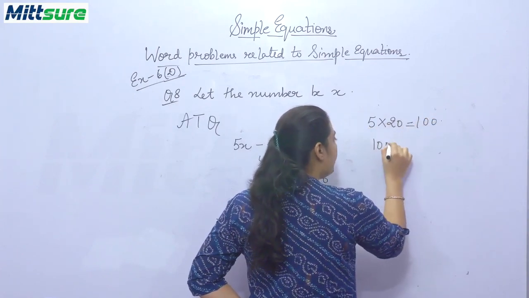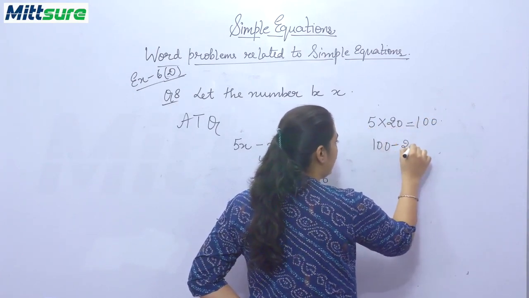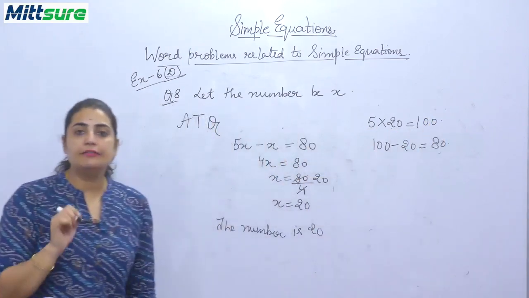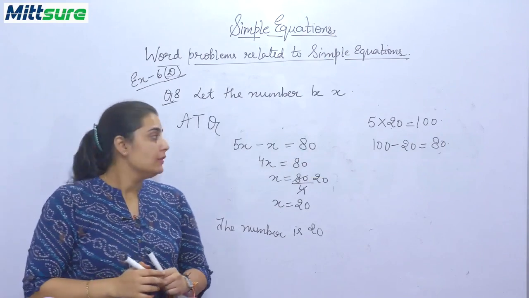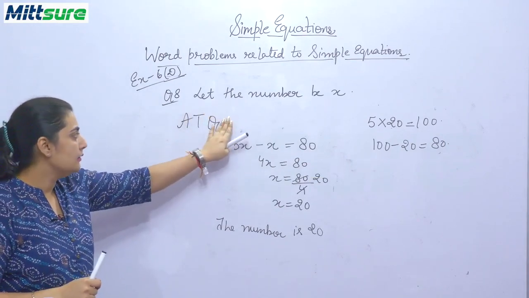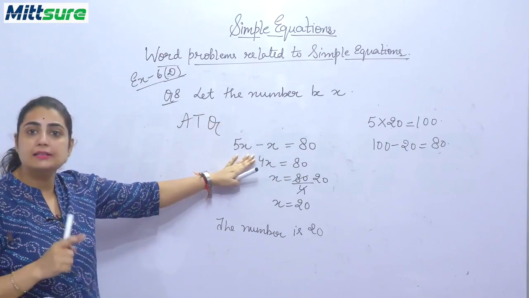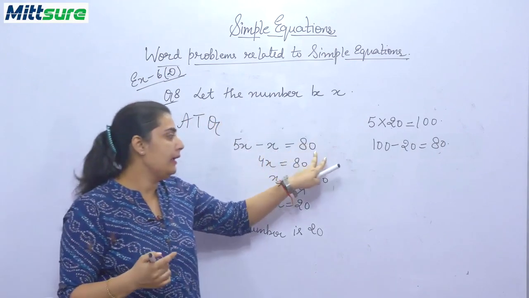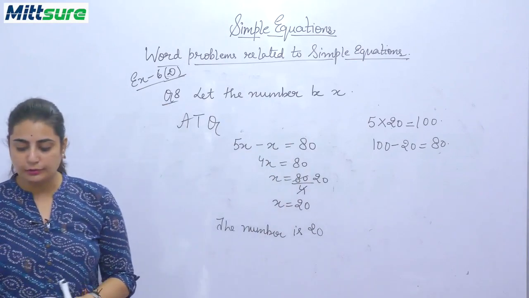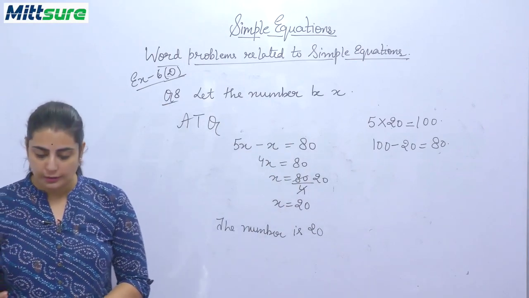And 100 minus this number 20, the difference is 80 only. So that is why we can say that the number is increased by 80 when it is multiplied by 5. This is how you can solve this particular question.